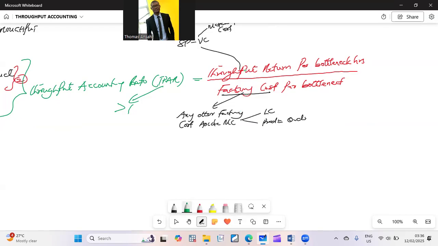So how do we obtain throughput return per hour? Let's calculate throughput return per factory hour, then factory cost per hour.